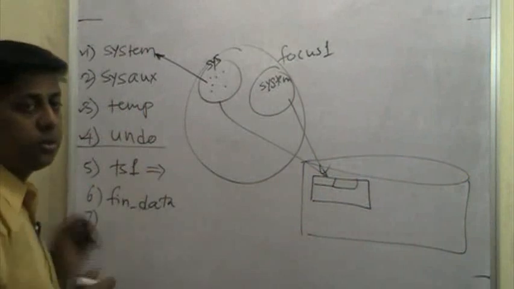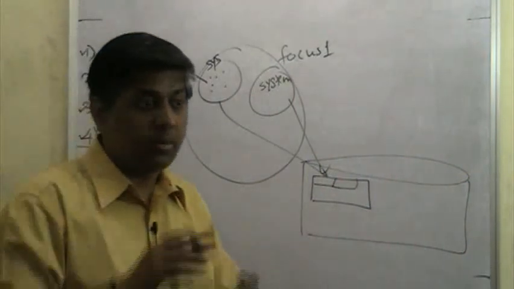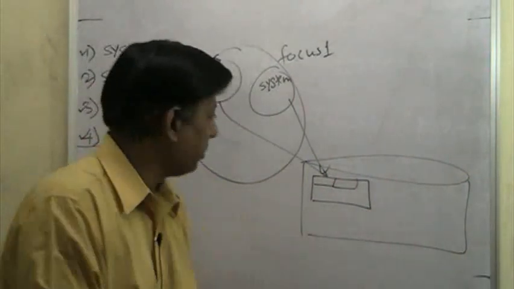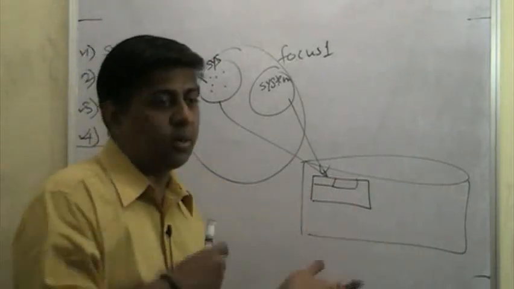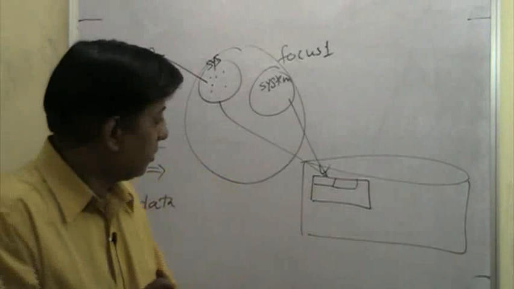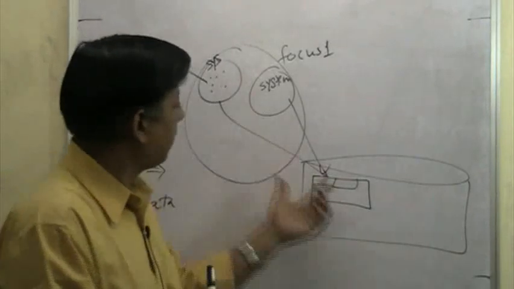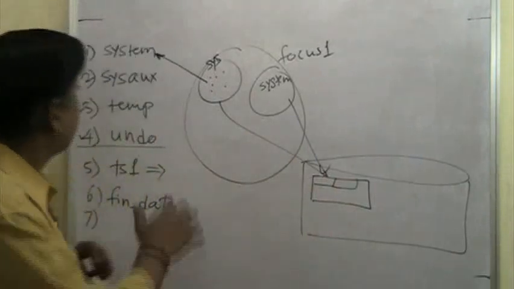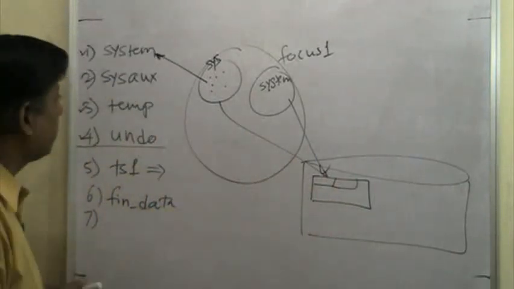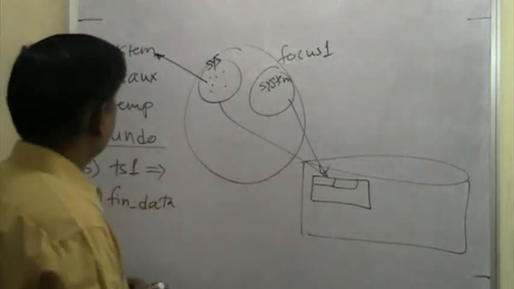DBA underscore tables is a view, and the tables required for that are over here. Views don't require disk space, the tables require the disk space. So likewise, all the other tables, all data dictionary views are here. So that is the purpose of the system table space, disk space for data dictionary views.